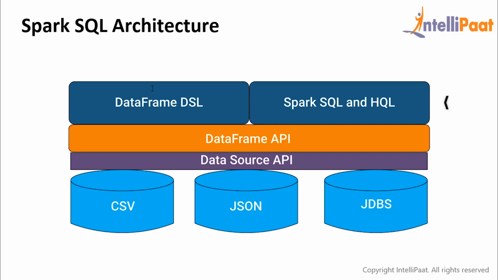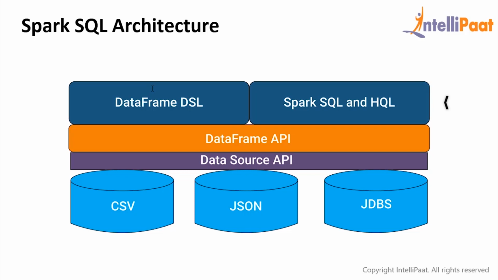And the next component is the SQL Interpreter and Optimizer. It is based on functional programming constructs in Scala. It is the newest and most technically evolved component of Spark SQL and provides a general framework for transforming trees, which is used to perform analysis, optimization, planning, and runtime code generation.